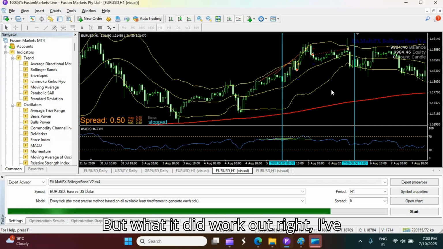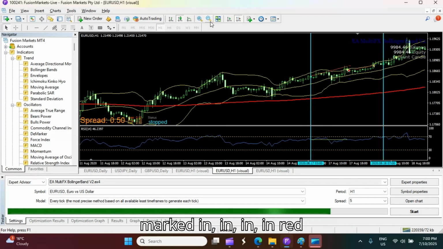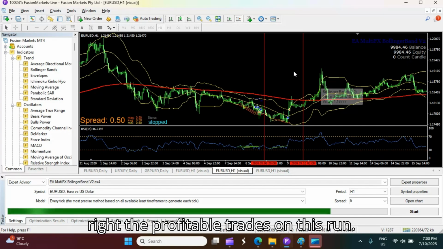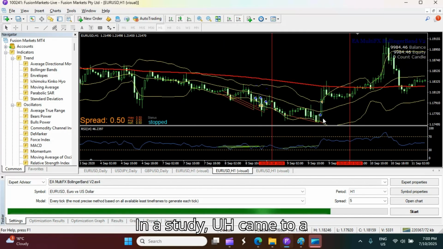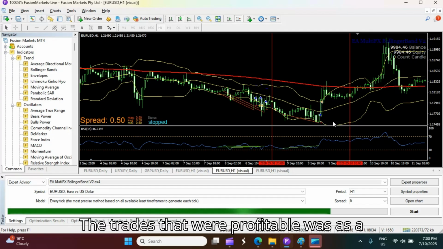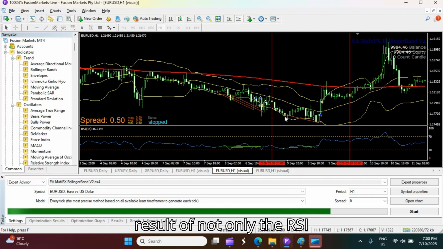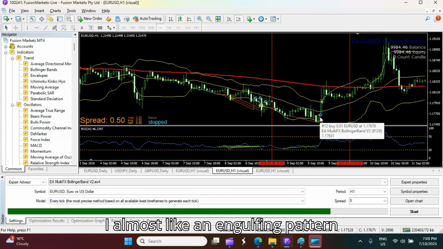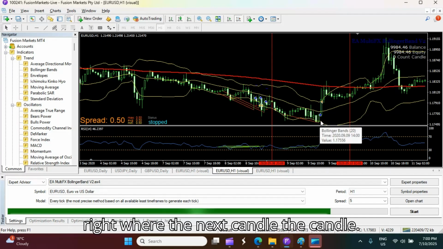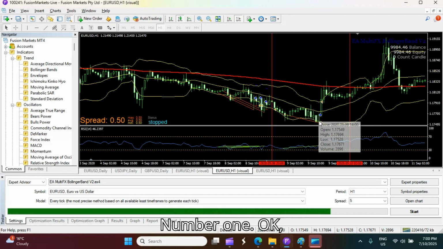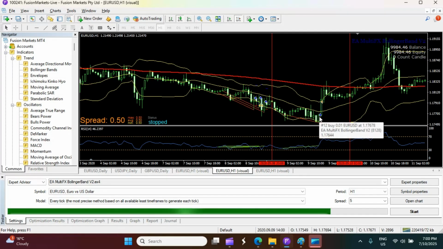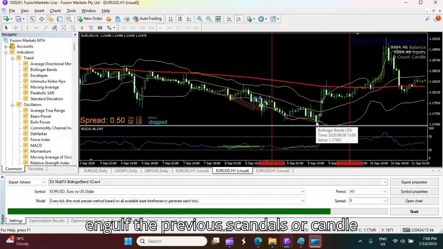But what I did work out, I've marked in red the profitable trades on this run, and I came to a conclusion that the trades that were profitable were as a result of not only the RSI divergence, but also I noticed almost like an engulfing pattern, where candle number one engulfed the previous candle, candle two.